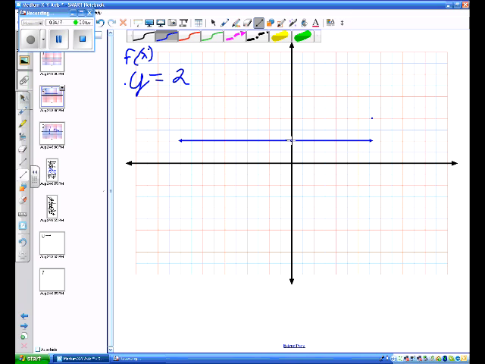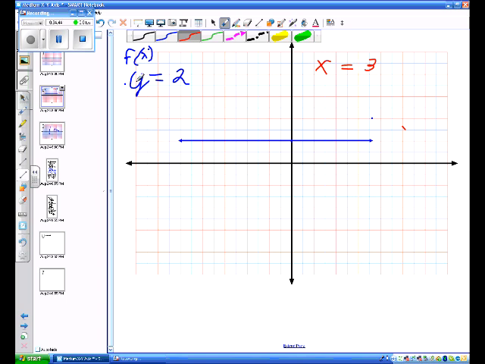If we wanted to graph a vertical line, and I'm just going to do that on this same plane. Let's say we want to graph a vertical line of x equals 3. Now, vertical lines have a slope that's undefined. How I always remember this: if my equation only has an x, then I'm only going to cross the x-axis.